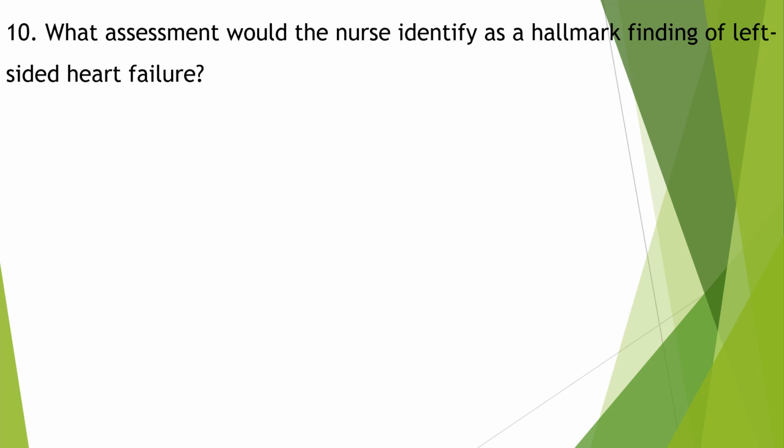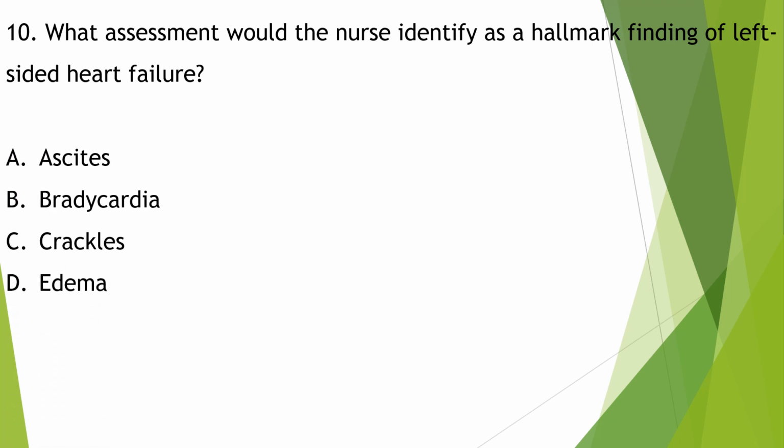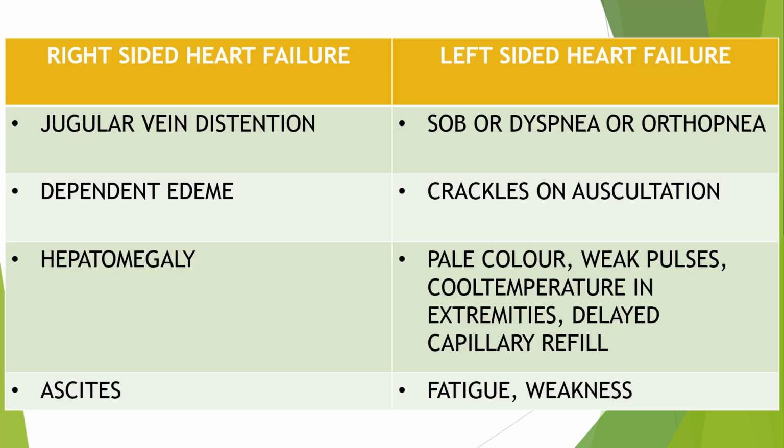What assessment would the nurse identify as a hallmark finding of left-sided heart failure? Ascites, bradycardia, crackles, edema. The answer is crackles. You need to know the difference between left-sided and right-sided heart failure assessment. What are the clinical features you will be observing?